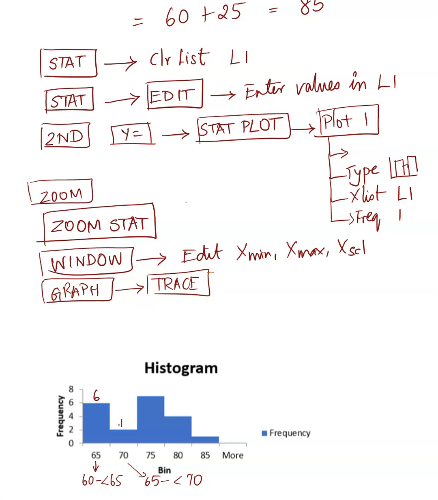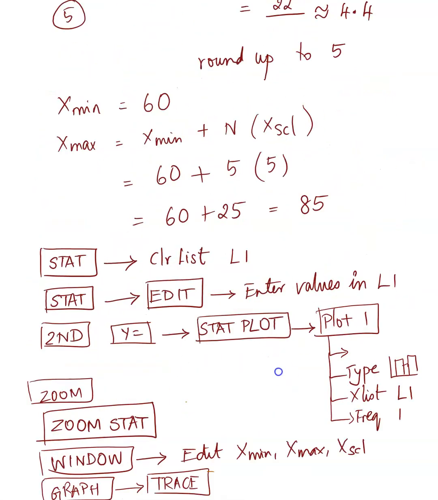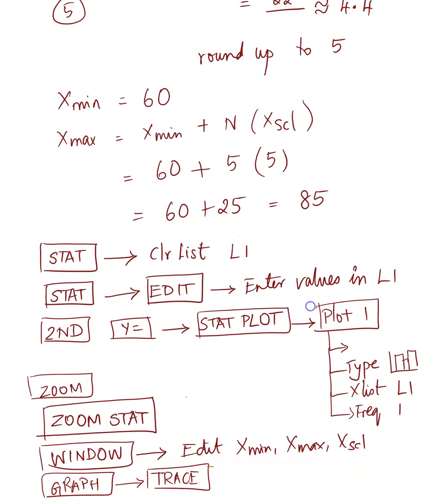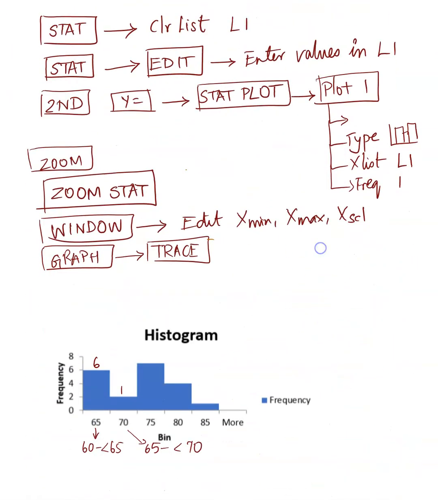Okay. Now, to answer the second part, use the histogram to determine the number of men who are less than 70 inches tall. So if you come back here, less than 70 inches would be this and this, right? Together. Because less than 70 is this entire thing. So then it has to be 6 plus 1, which is 7.